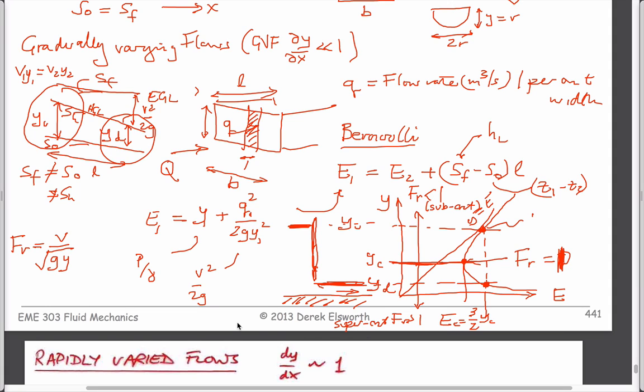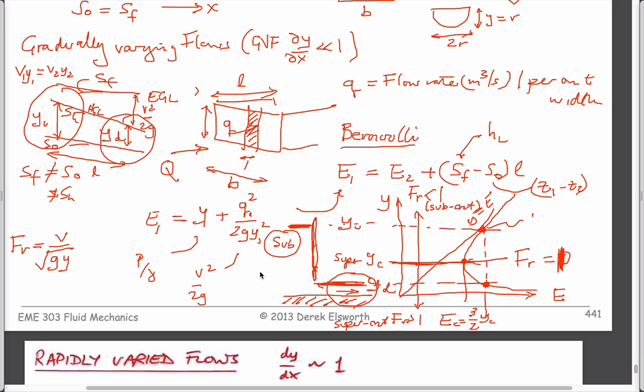And if you want a diagram of what those look like, supercritical, well, you have it here. This is supercritical: shallow and fast. This is subcritical: deep and slow. And so that's actually what we need to understand.